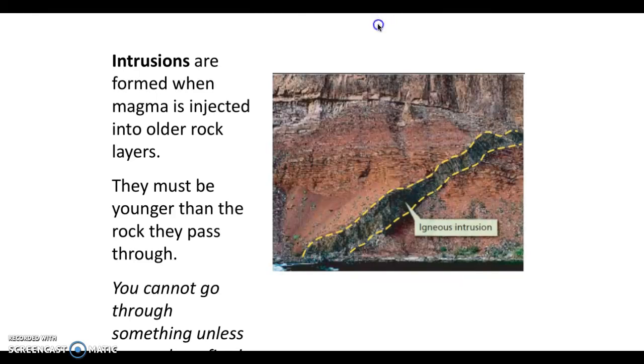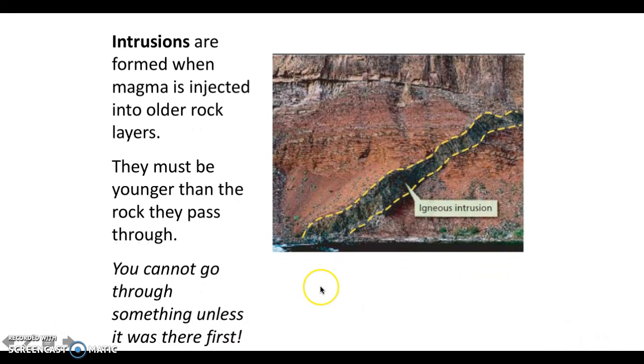For your notes, you're going to write down intrusion. Intrusions are formed when magma is injected into older rock layers. They must be younger than the rock they pass through, because you can't go through something unless it was there first, right?